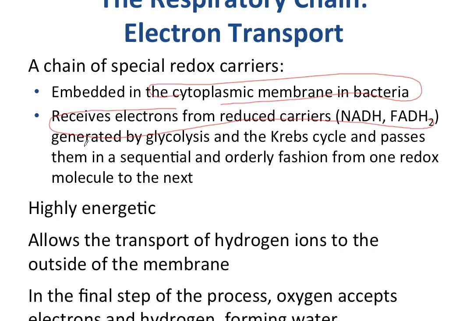okay, so the electron will be released to the outside of the cellular membrane. Okay, that means in the space outside the cellular membrane, the hydrogen ion concentration is very high.